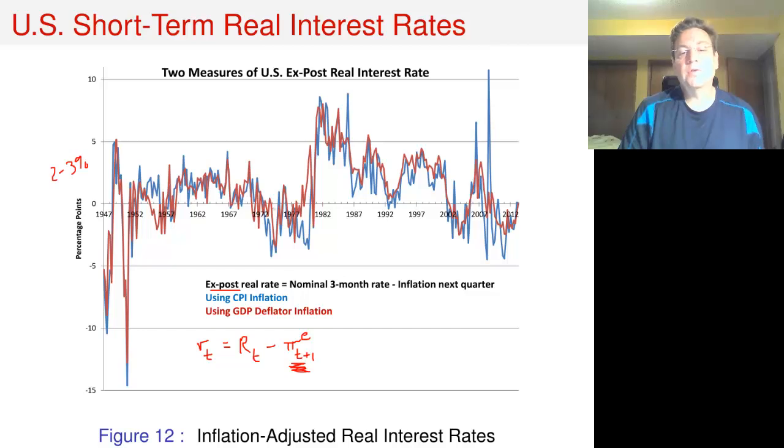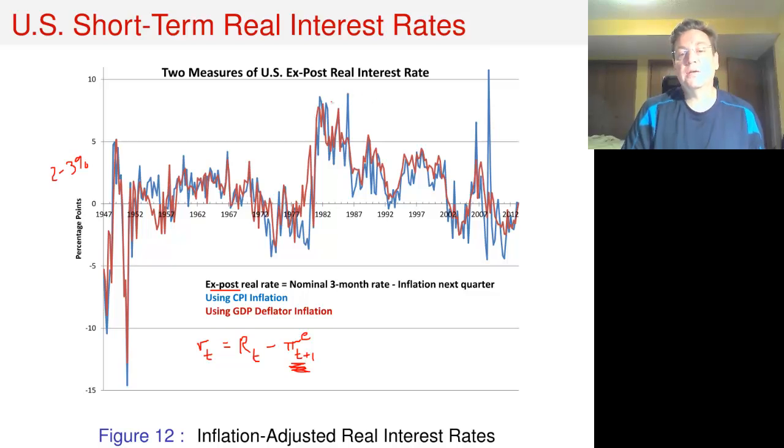But then during the 70s, which was another period of high and volatile inflation, we had negative interest rates again. Then in the early to mid 80s, this was when Paul Volcker became chair of the Fed, and his job at the time was to try to get rid of the inflation that we just talked about in the 70s. And he kept interest rates extremely high, and that kept real interest rates extremely high.